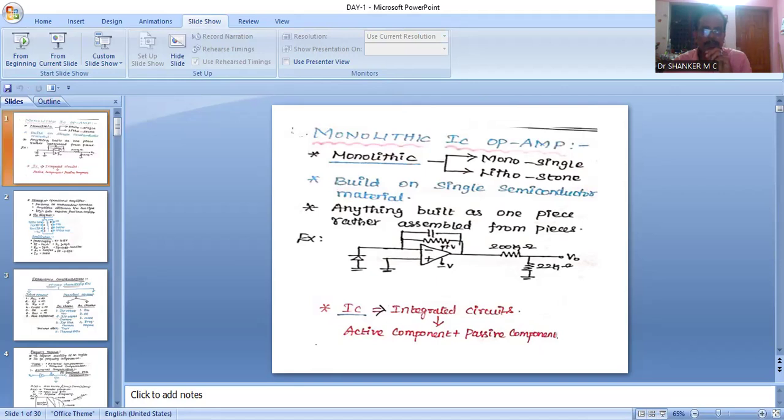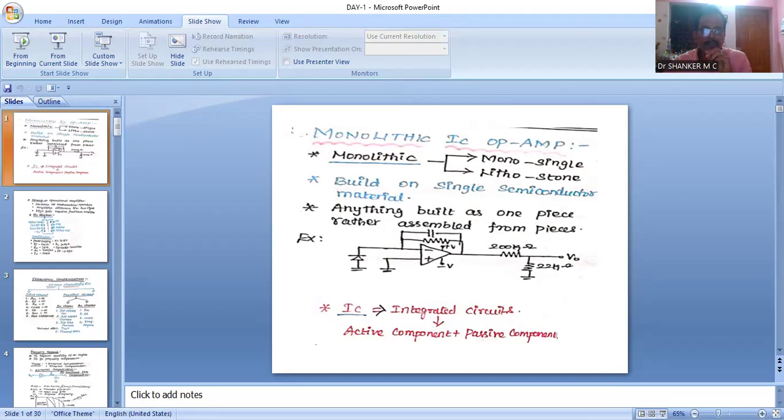Methods of improving this slew rate: one, the open loop gain must be increased. Another one, the transition frequency must be increased. Another one, the closed loop gain should be increased. The frequency must be at the minus 3 dB level frequency.